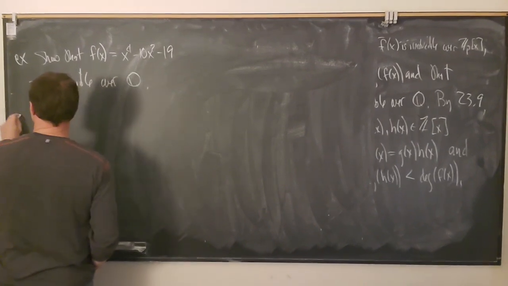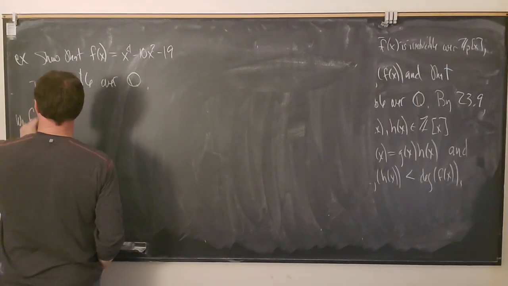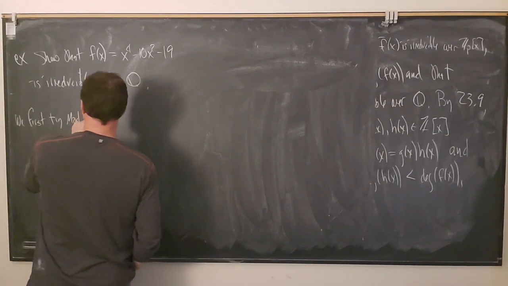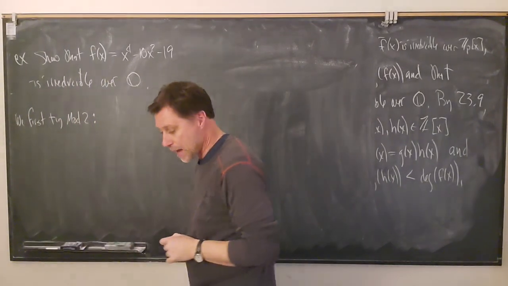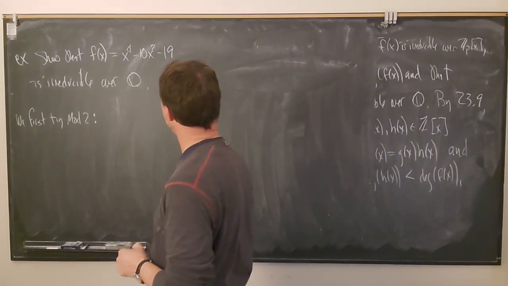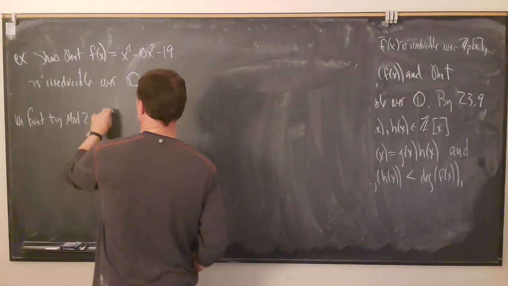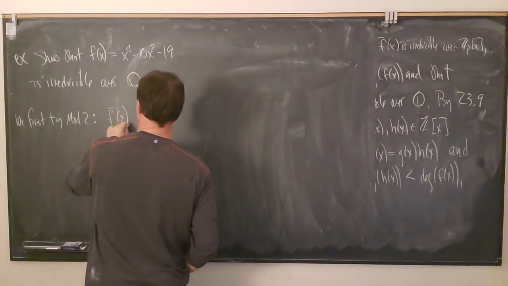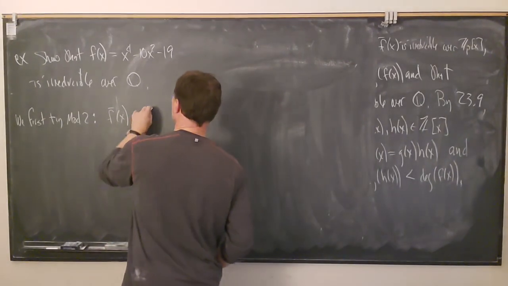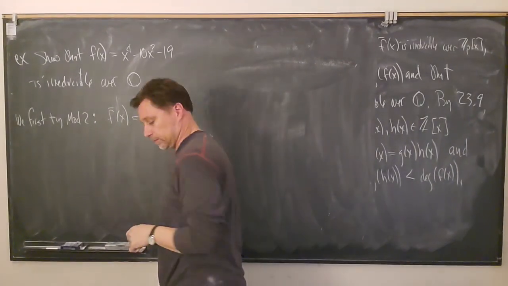So we first try mod 2. Okay, so what does that mean? Well, let's see. F bar is going to be x to the fourth plus 1.